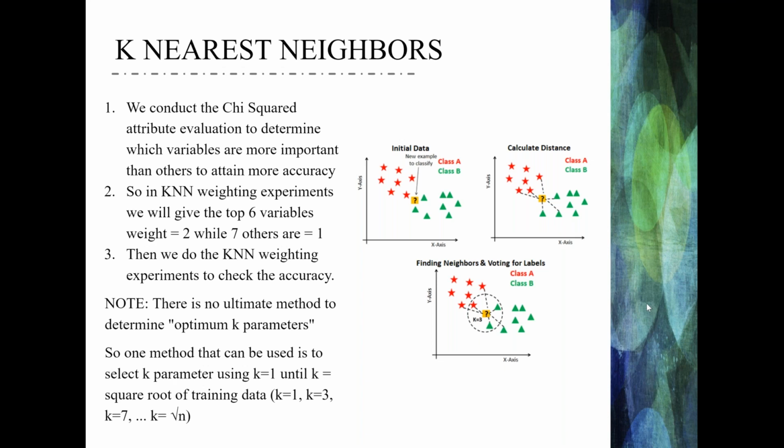what we initially do is we set the k value to a number. There is no ultimate method to determine the optimum k value. I'll be talking about how to set the k parameter later.